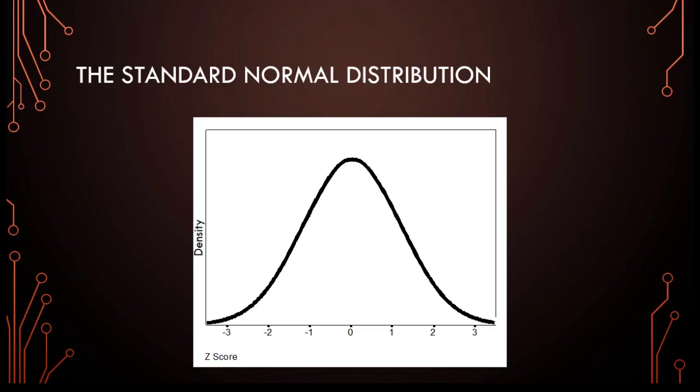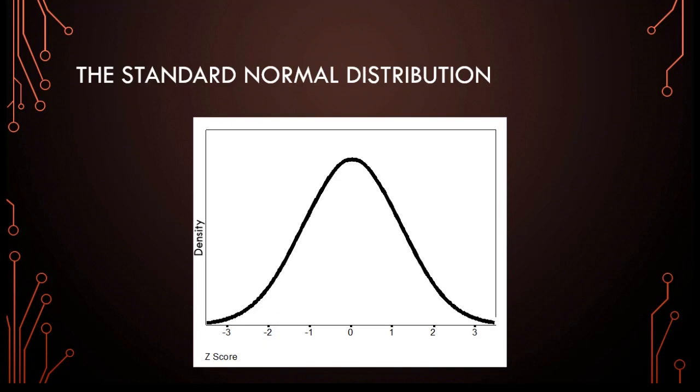A z-score of 1 is one standard deviation above the mean, because the mean is 0 and the standard deviation is 1. A z-score of 2 is 2 standard deviations above the mean. Similarly, a z-score of -2 is 2 standard deviations below the mean.